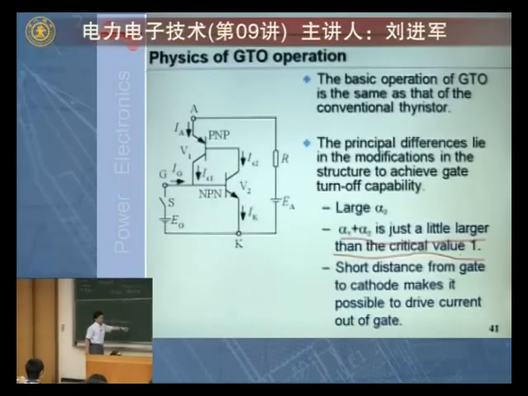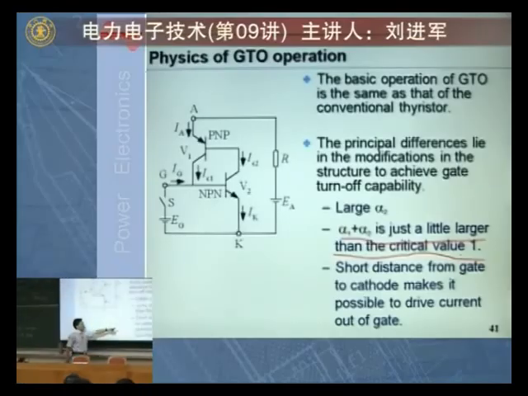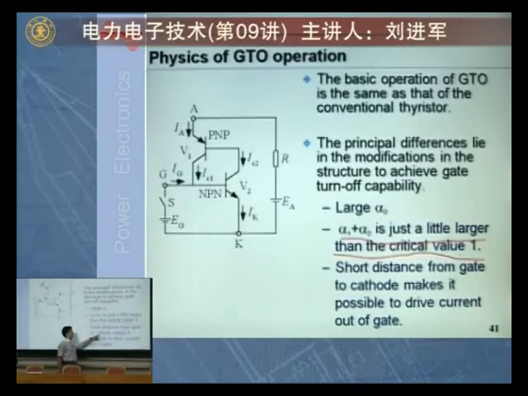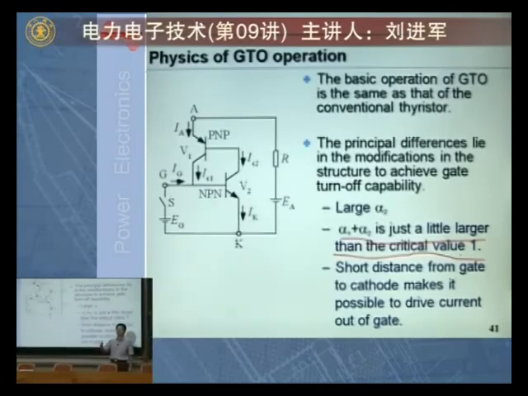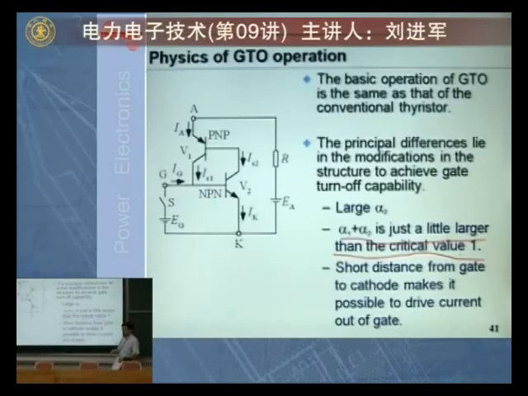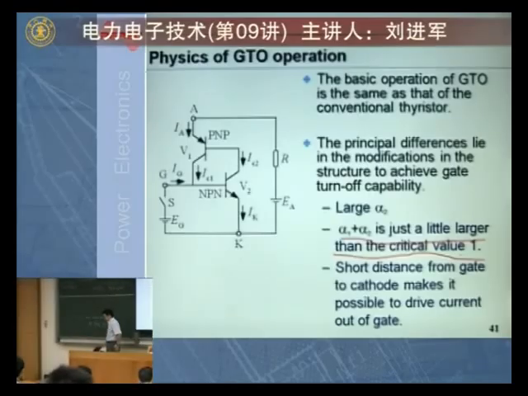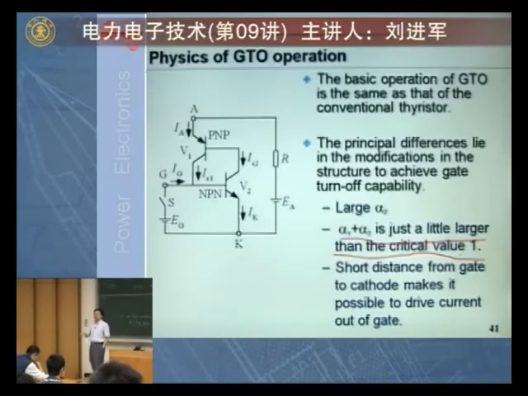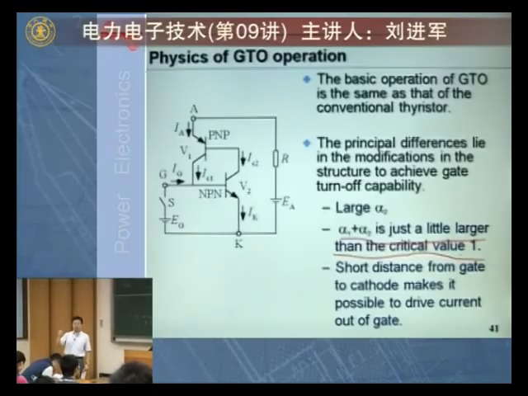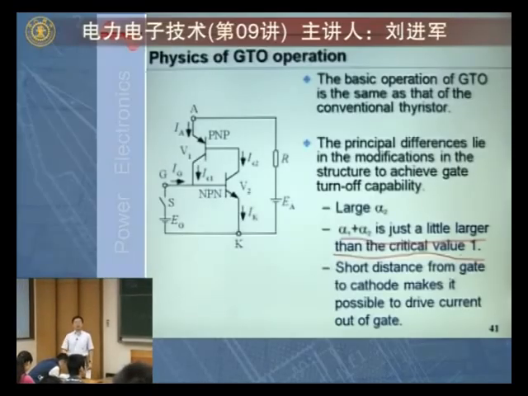There are other differences here. The distance from gate to cathode is very short because gate and cathode are laid out side by side. This is called interleaved. Therefore, this distance is very short, so that we make it possible to drive current out of the gate. Remember last time we mentioned for ordinary thyristor, if you want to turn it off, the only way is to make sure the current flowing through the thyristor decreases to nearly zero.